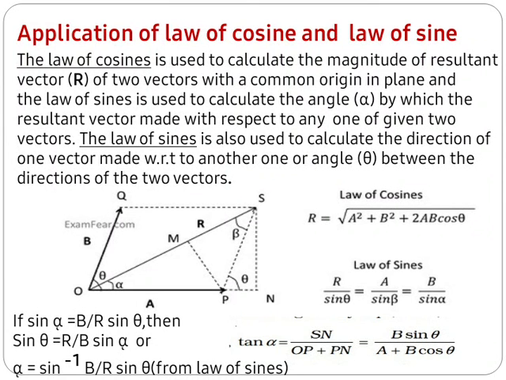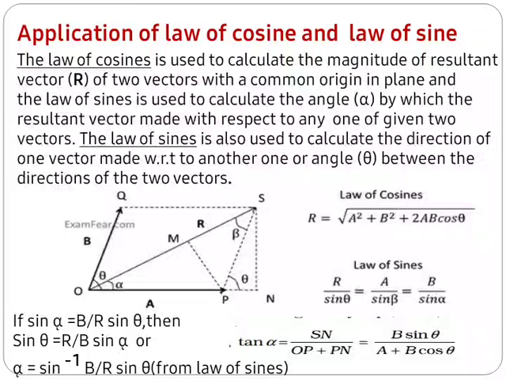The law of sines is also used to calculate the direction of one vector made with respect to another one or angle theta between the direction of given two vectors.